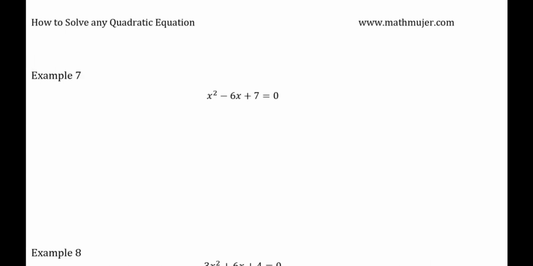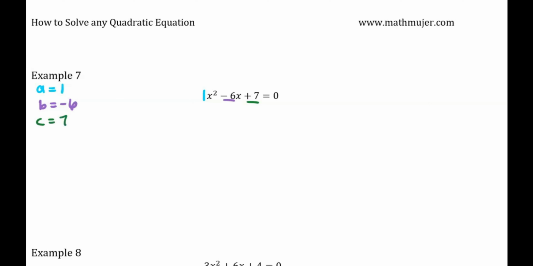Okay, so now we're on to example 7, another quadratic equation. We'll get started the same way. Find a, b, and c. Find our discriminant. A, the number in front of x squared, is 1. You don't see a number in front. The number is 1. B, the number in front of x, is -6. C, the constant term with no x value, is 7.